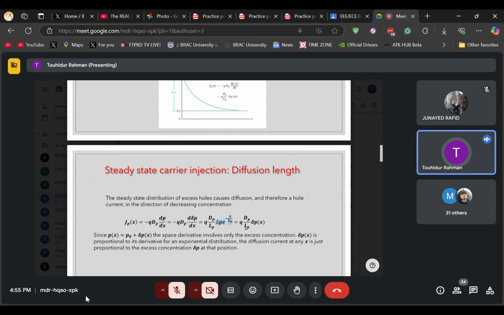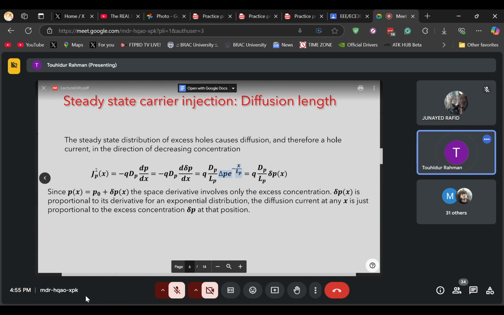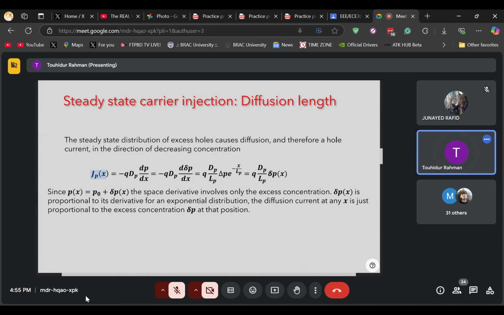So what does it mean? It means that diffusion current is proportional to the excess carrier concentration. So again, the result means the diffusion current at any point x is a function of the excess carrier concentration at x.